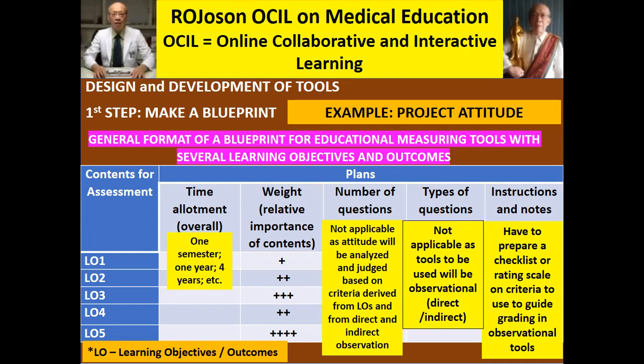Number of questions, since this is a project, this is not applicable here. And then type of questions, also not applicable as the tools to be used will be observational, either direct or indirect. Example of a note here would be have to prepare a checklist or rating scale on criteria to use to judge grading in the observational tool.